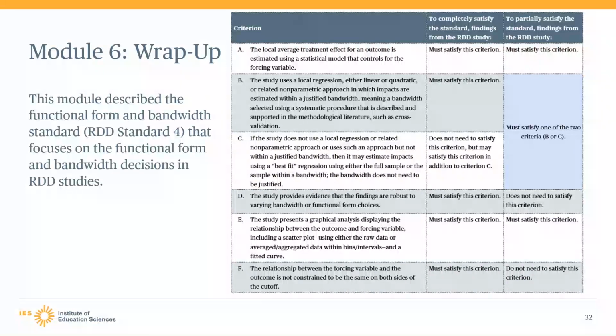To partially satisfy the standard, a study finding must satisfy 4A and 4E, and also must satisfy either 4B or 4C. Otherwise, an RDD study would not satisfy the functional form and bandwidth standard.